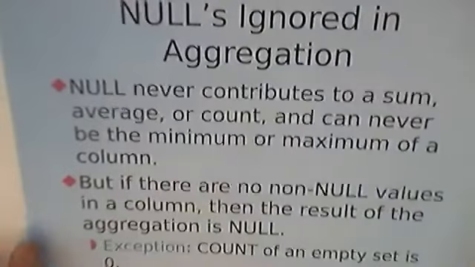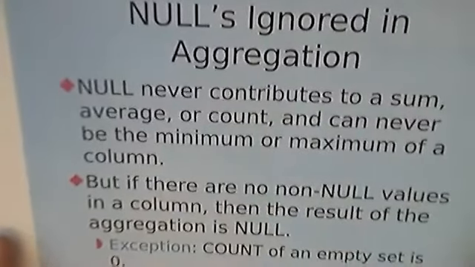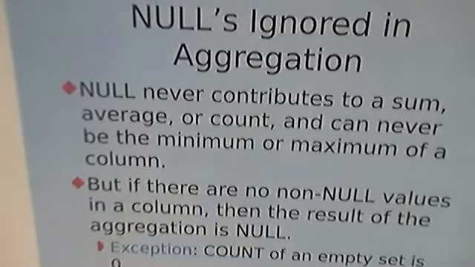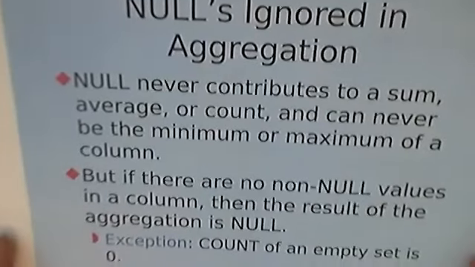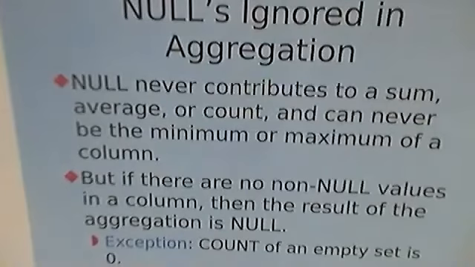All right, so this actually does come in the extended relational algebra, but the nulls are ignored in the aggregation. So basically, if you have null values and you're computing something like a sum or an average or a count, then those will just be ignored. They essentially don't contribute to the result.